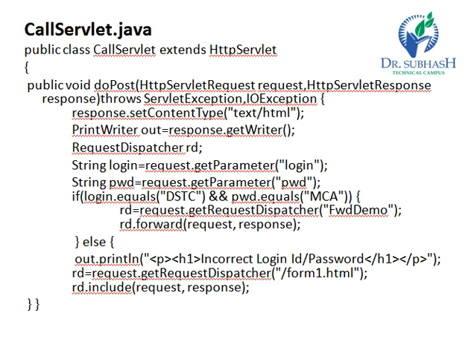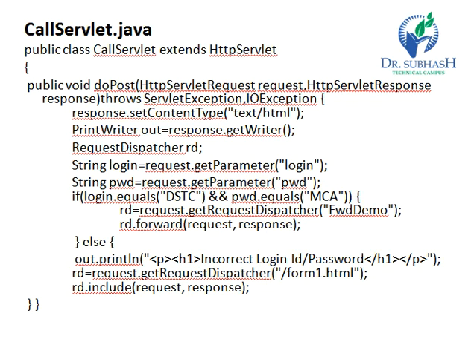If the login name is DSTC and the password is MCA, then the request is forwarded to the forward demo page. Otherwise it prints an incorrect login ID or password message.